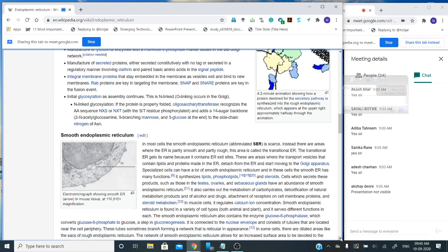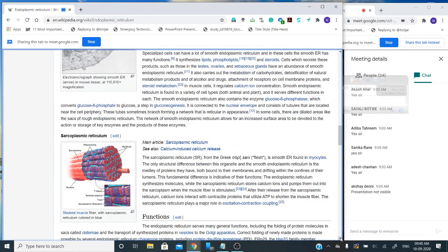Smooth we have already seen, where no proteins are there because the ribosome is not there. And the third one I was telling about is the sarcoplasmic reticulum, which is there in muscle cells. They cause release of calcium. If you remember muscle contraction, after the voltage gated channel there is entry of sodium.